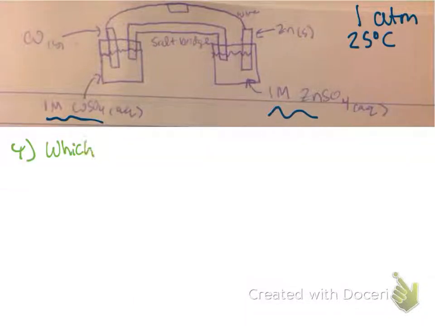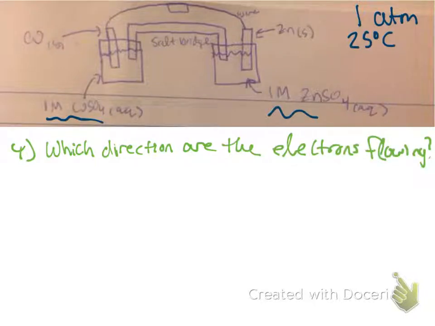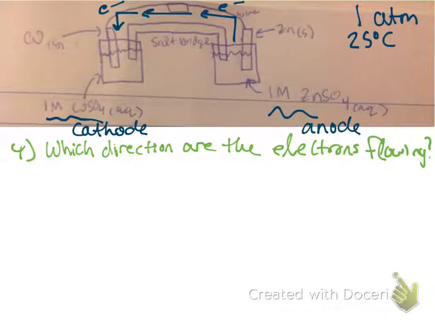So now we're going to go to number 4, which is which direction are the electrons flowing? And so we need to keep in mind which side is the cathode and which side is the anode. And our copper is our cathode and our zinc is our anode. So we also need to know this important fact, which is that electrons travel from anode to cathode.